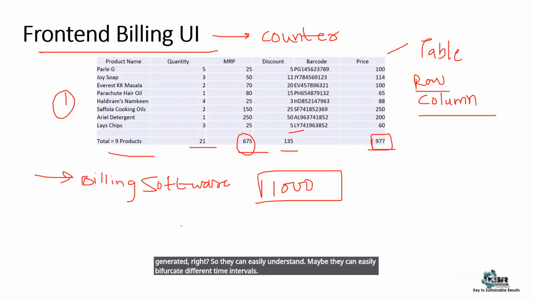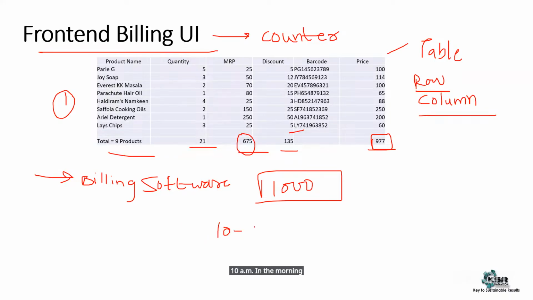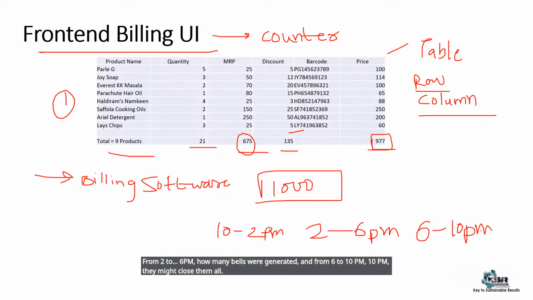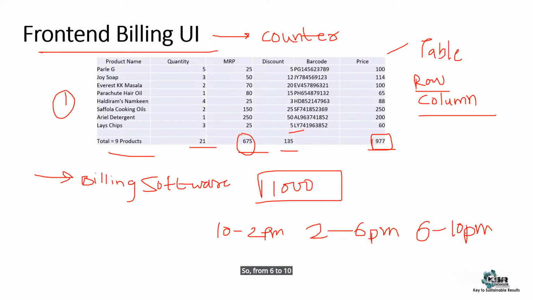Let's suppose they start their store at 10 a.m. in the morning. From 10 to 2 p.m., how many bills were generated? From 2 to 6 p.m., how many bills were generated? And from 6 to 10 p.m., they might close their mall. So from 6 to 10 p.m., again, how many bills are generated?